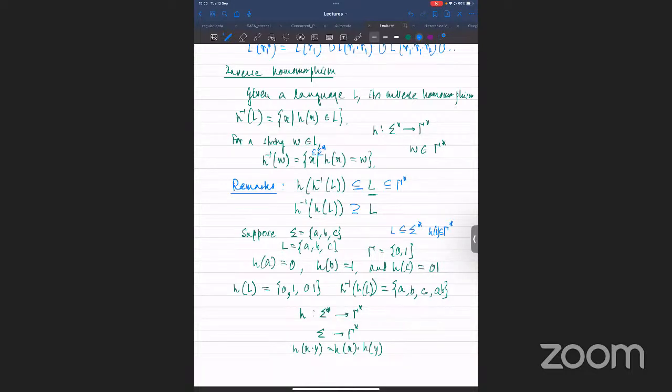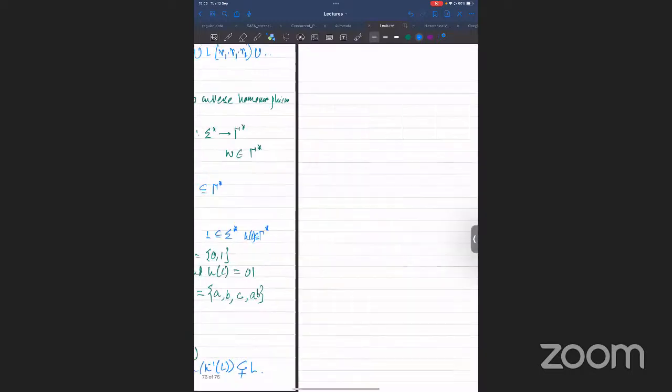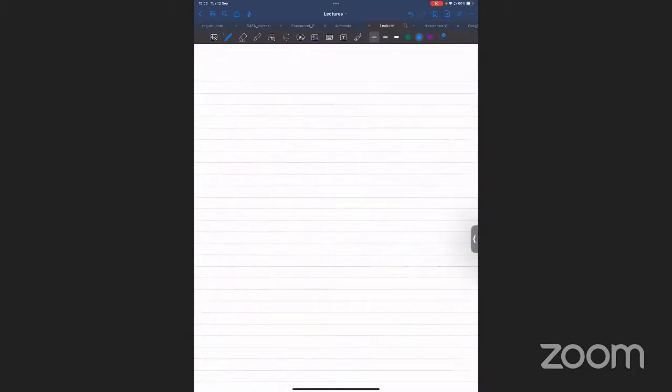Show an example such that H of H inverse of L is a strict subset of L. These are very simple and small homeworks, but you should try them so that this stays in your mind and becomes clear to you. Okay, now we'll do another thing.